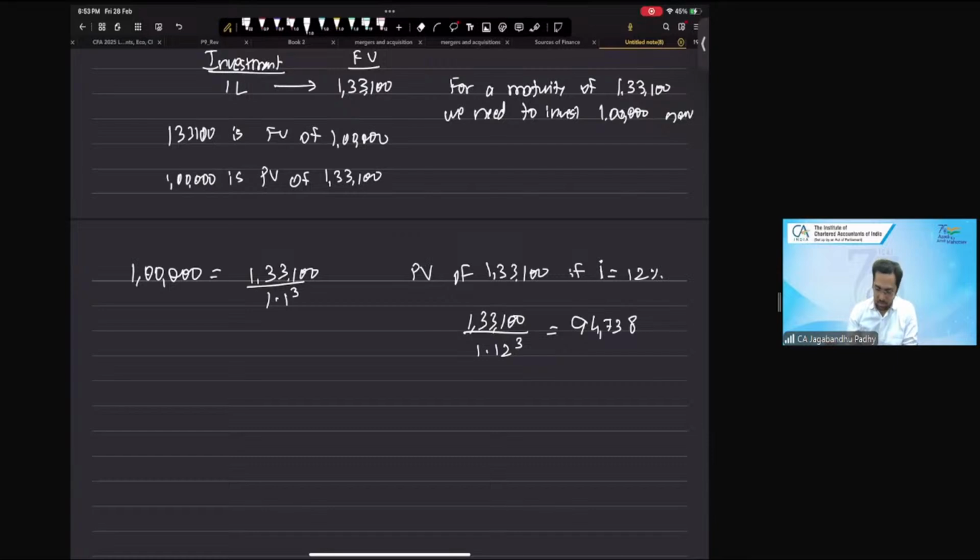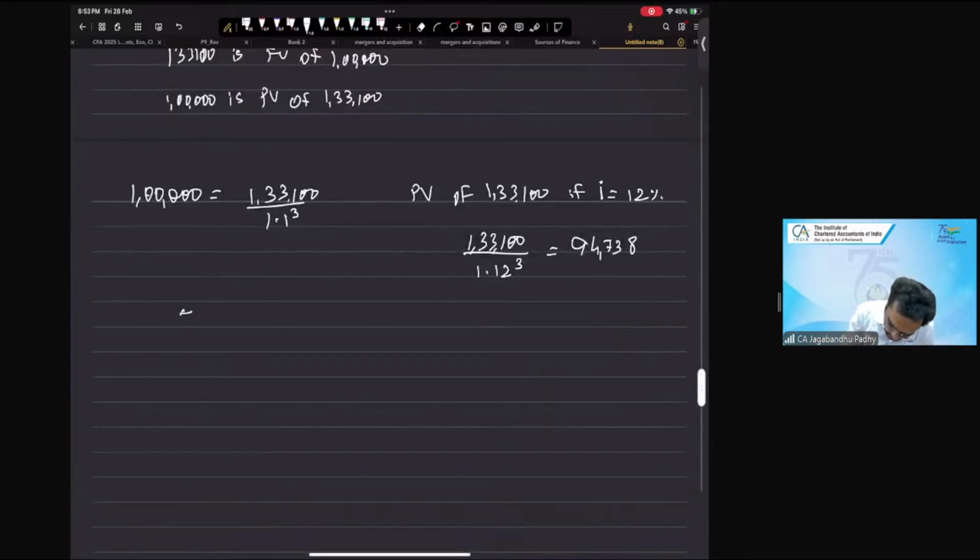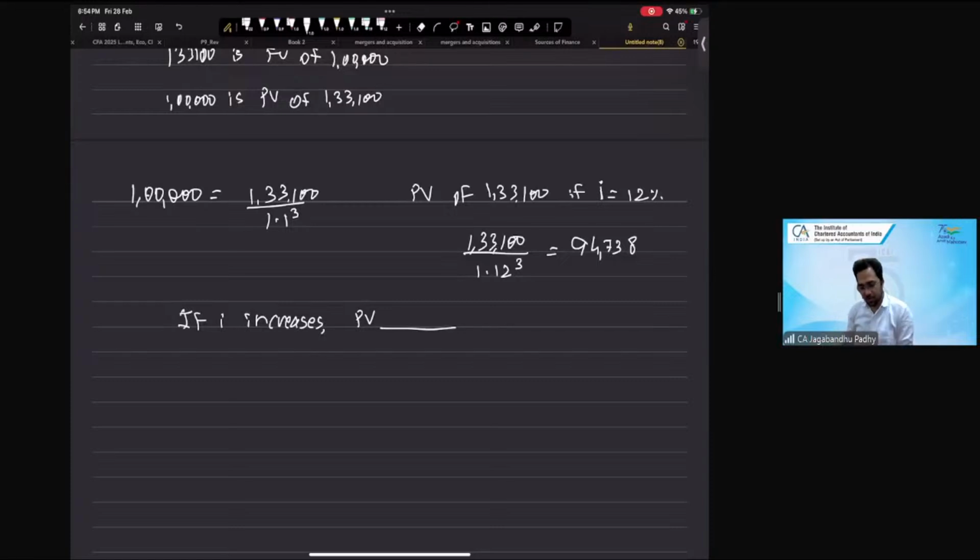Right? Correct? So if I ask you, if I increases, present value dash, fill in the blanks. If I increases, what is happening to the present value? Is it increasing or decreasing?